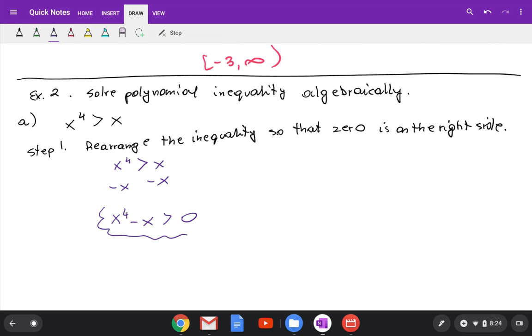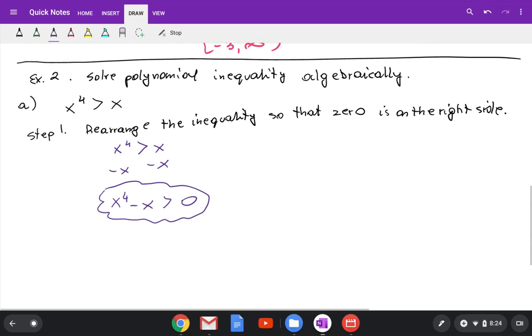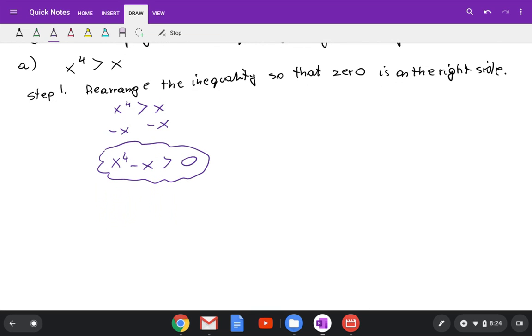So this is the inequality with which we're going to work. So step 1, we rearrange the inequality. Step 2, find the x-intercepts of the equation which you have on the left side.